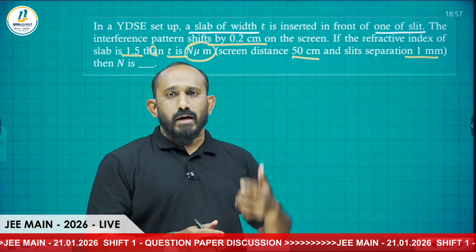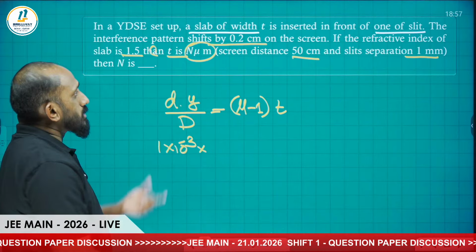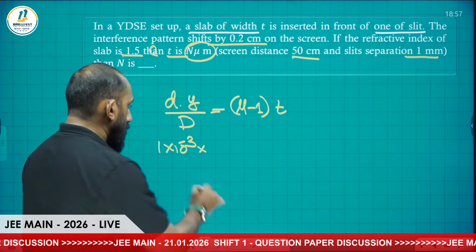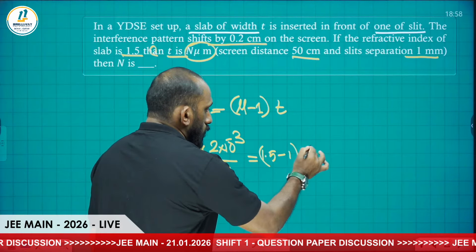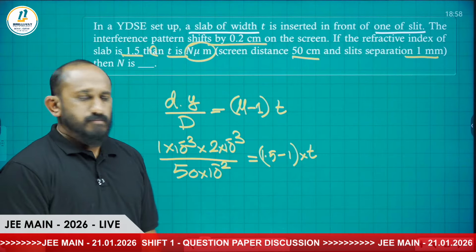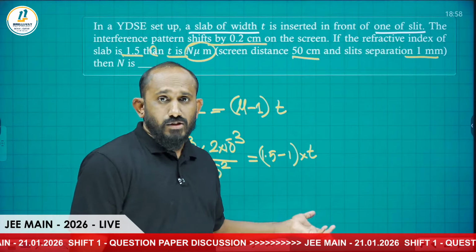Here d is 1 millimeter, so 1 into 10 raised to minus 3, into Y, the shift, which is 0.2 centimeter, that is 2 into 10 raised to minus 3 meters, divided by capital D, the distance, 50 centimeters, that is 50 into 10 raised to minus 2, is equal to mu minus 1, with refractive index 1.5, so 1.5 minus 1, into T. So 1.5 minus 1 is 0.5, that is 1 by 2.